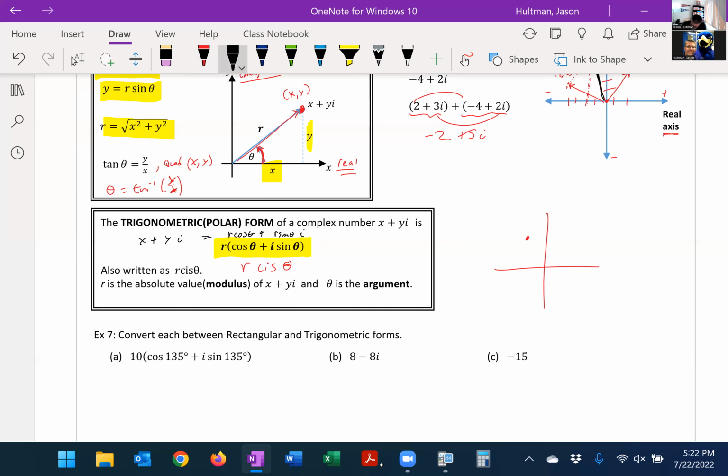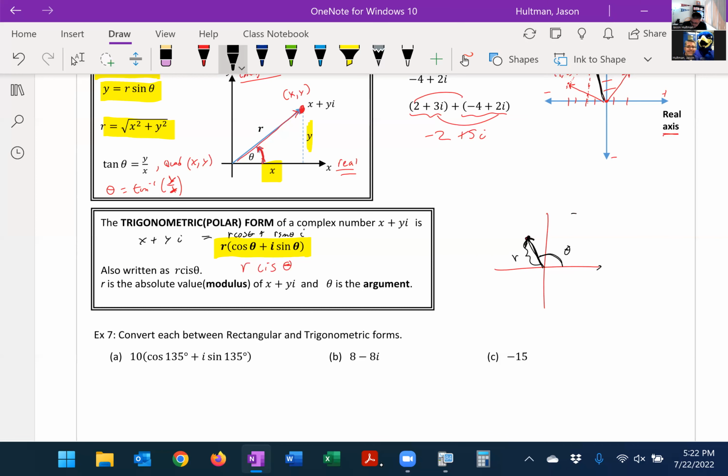Well, it would be from 0, 0, I'd have a vector going out to that point. Okay, and the length of this vector is r, and I would have an angle theta starting from the positive x-axis.